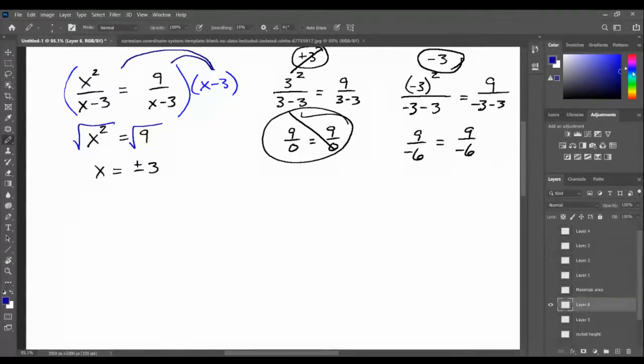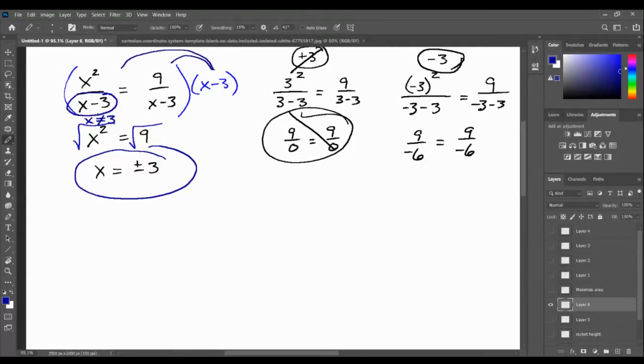Now we could see just by looking at our initial problem that down here in the denominator, x cannot equal positive 3. We knew that because if we put positive 3 in, we would end up with a 0 down there. And so even though we got a solution algebraically that included positive 3, we knew it wasn't valid, and we could have discarded it if we had looked at the domain first.